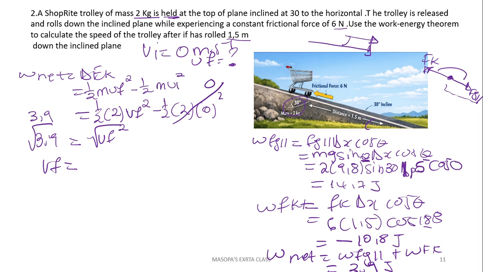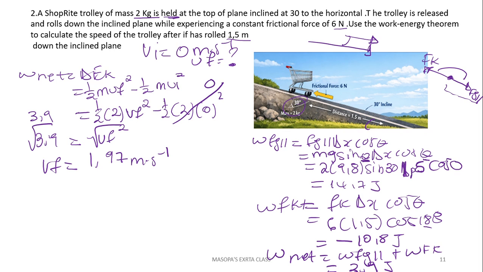So the square root of 3,9 is 1,97 meters per second. That is our final velocity of the object.